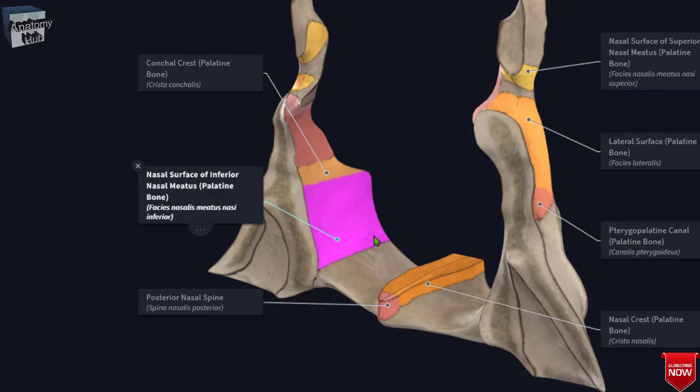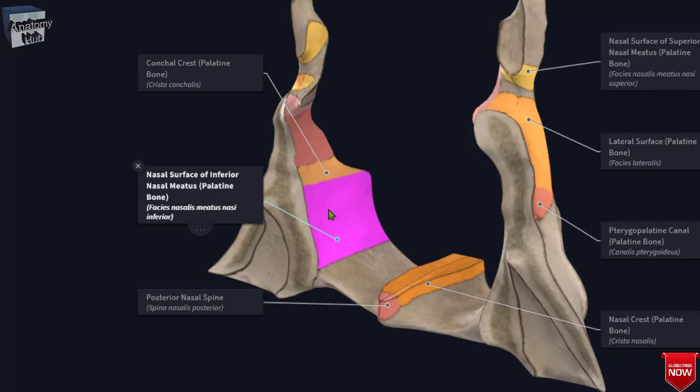So 4 ossification points that you will find in your palatine bone. In a newborn, the perpendicular and the horizontal plates are equally long, but in the course of childhood the horizontal plate becomes larger than the perpendicular plate. Here we will also discuss some clinical aspects.